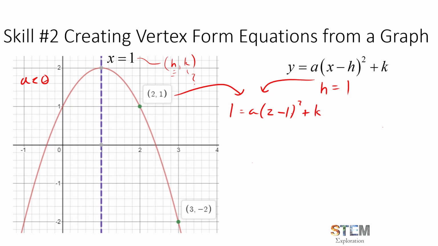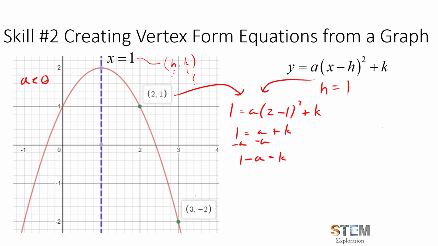There's nothing I can do about that right now, but I can say 1 is equal to a 2 squared, or 2 minus 1 squared is just 1, plus k. And what I'm going to do is subtract a from both sides and get a 1 minus a equals k type circumstance here.